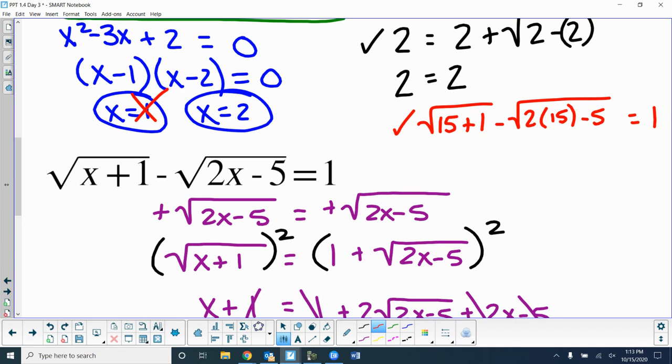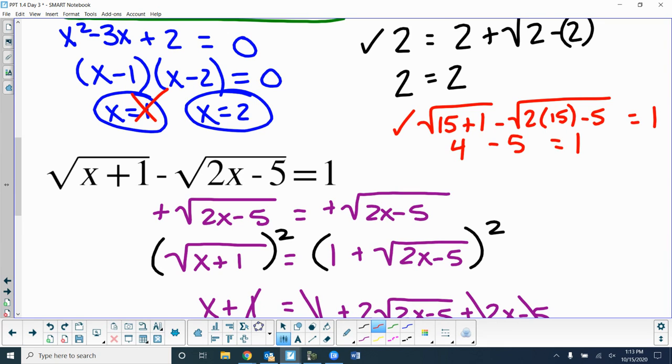What's 15 plus 1? 16, square root of 16, 4. 2 times 15, 30, minus 5, 25, square root of 25, 5. 4 minus 5 is 1, right?